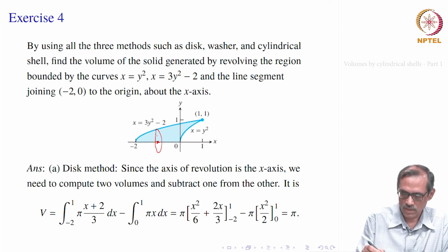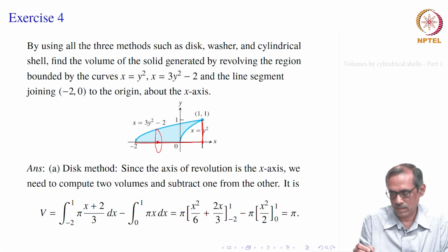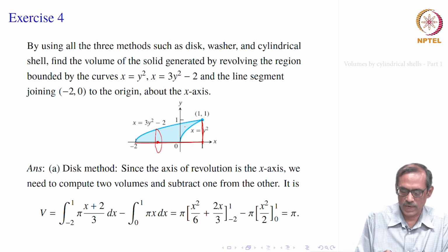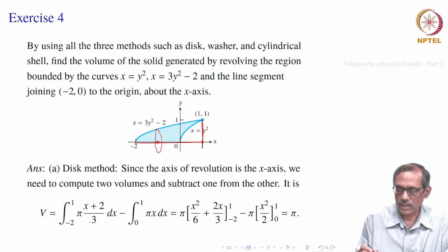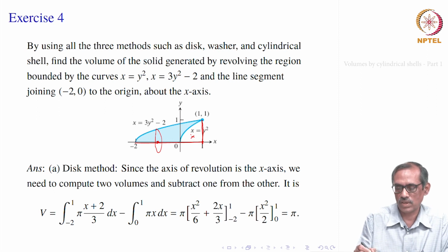As we are doing this by the disk method, first we think of this solid, where we construct the line x equals 1. The blue and white regions mixed together give a volume. That corresponds to pi into (x plus 2)/3, and then you have to subtract the volume of the solid corresponding to the white region.